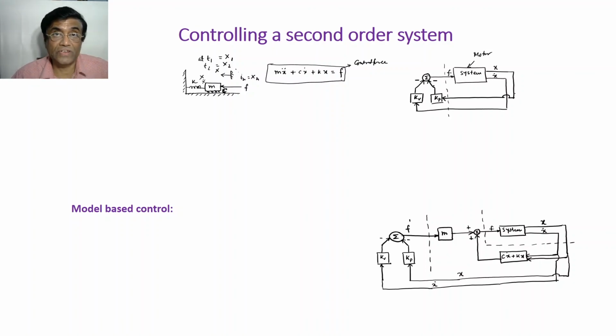Try to understand it very clearly. Very easy. What I am trying to do: I have decided that I will take both signals x and x dot to effectively control. My control force will be proportional to the state x, that is the displacement, and x dot, that is the velocity.